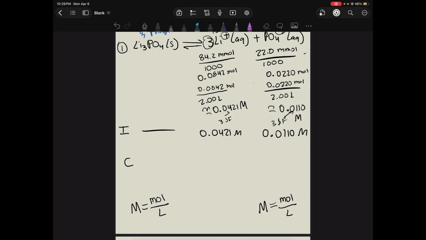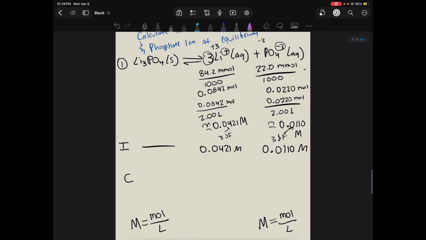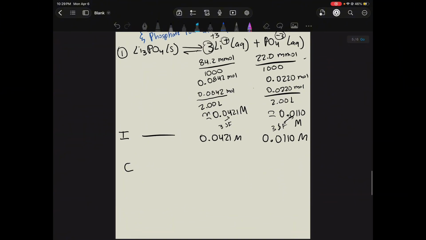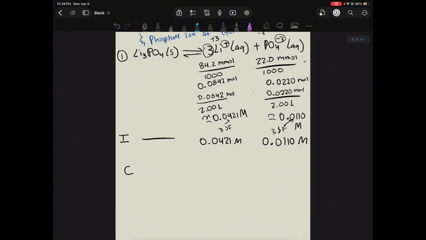Next, for this C, we have to find what direction the reaction is actually going towards. So I'm just going to erase these over here to give me some more room. And again, we have to follow the idea of the products divided by the reactants.